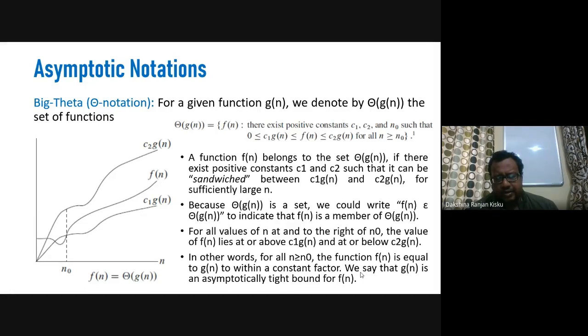So here function f(n) belongs to the set big theta of g(n) if there exist positive constants c1 and c2 such that it can be sandwiched between c1 g(n) and c2 g(n) for sufficiently large n. Since theta of g(n) is a set, we write f(n) belongs to theta of g(n). Since f(n) is a member of this set or class of functions, we write f(n) belongs to theta of g(n).